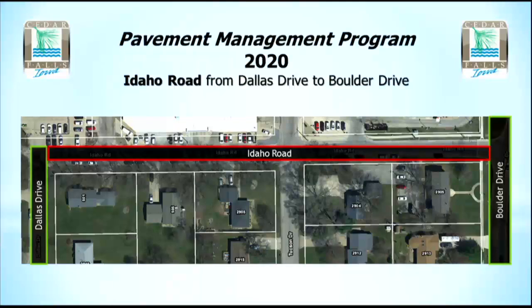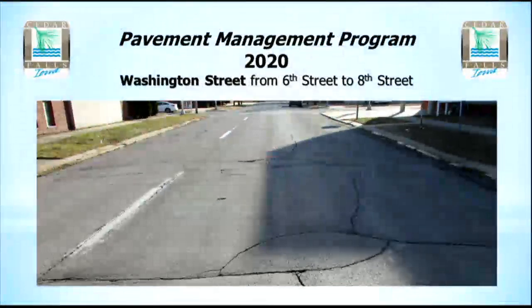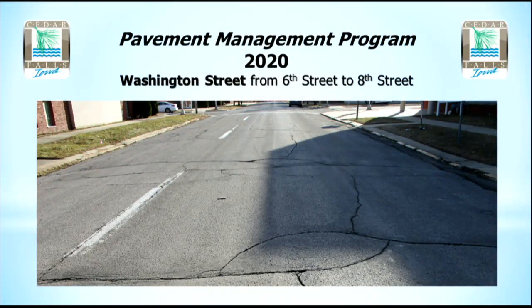Will there be anything? Last weekend, that intersection was a mess with ice and water. Which intersection, 6th Street or 7th? 6th, I think. No, 8th, right by the church. I know it was all the ice and stuff, but there's not anything in the reconstruction that will improve that.